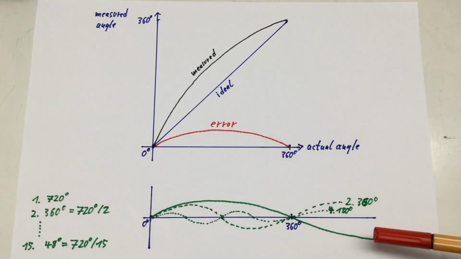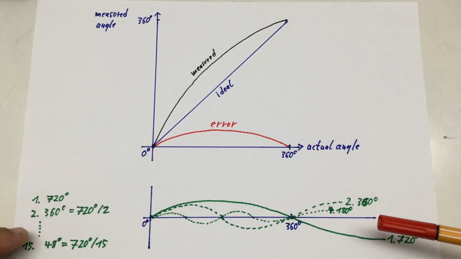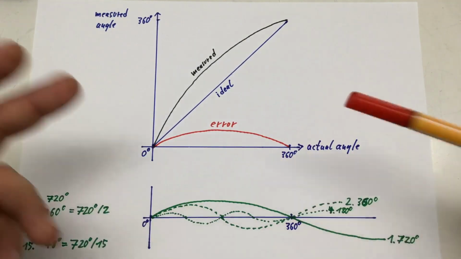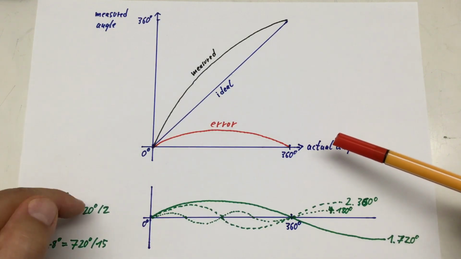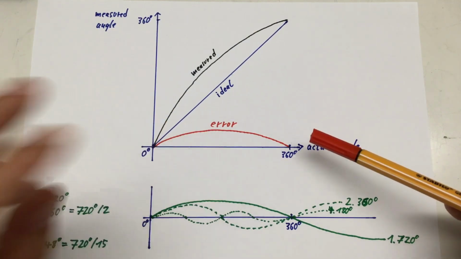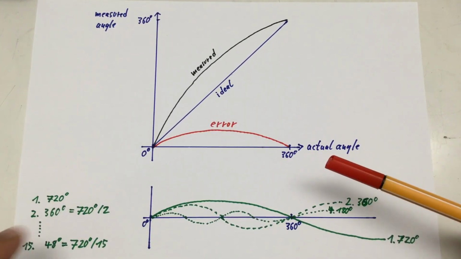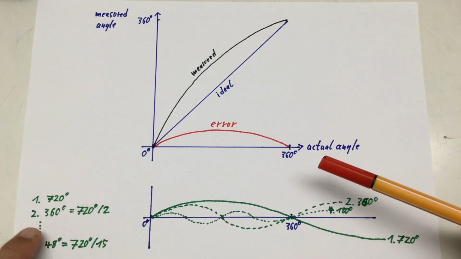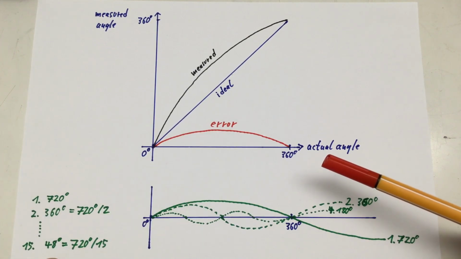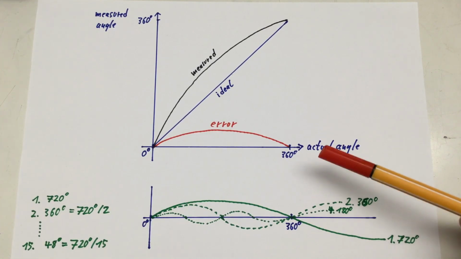And from there on, we have 14 harmonics of that frequency or wavelength. So that would go from 720 degrees to 360 degrees and up to 48 degrees.